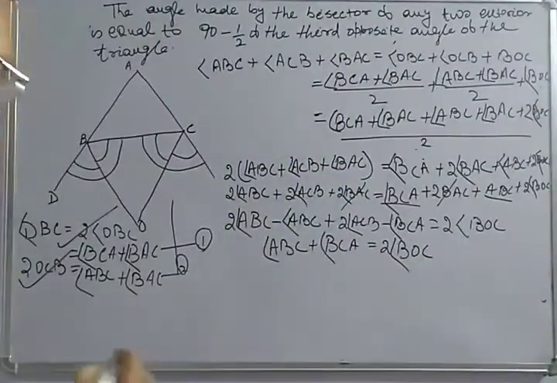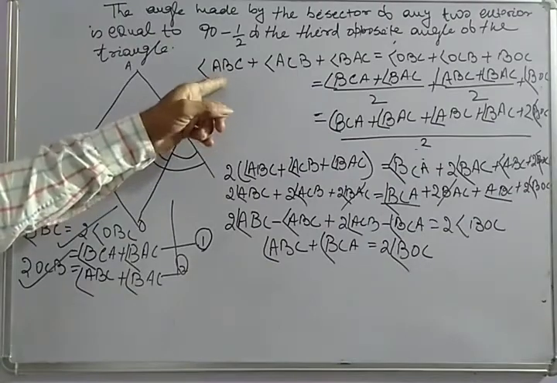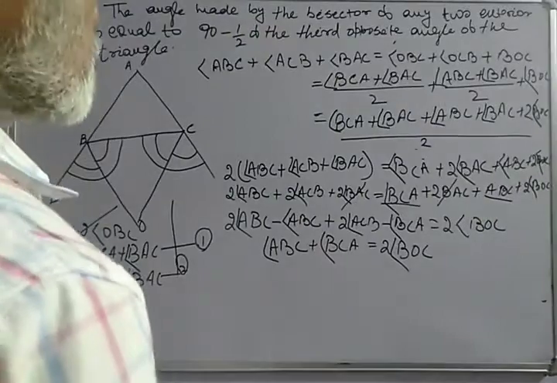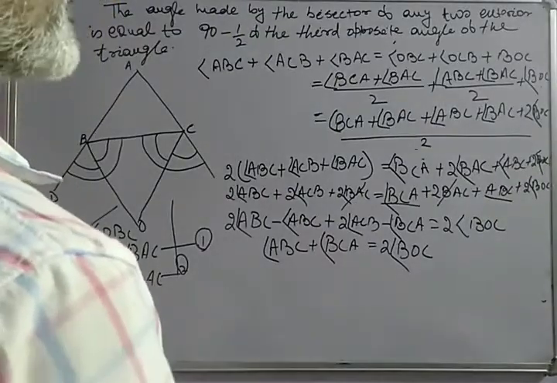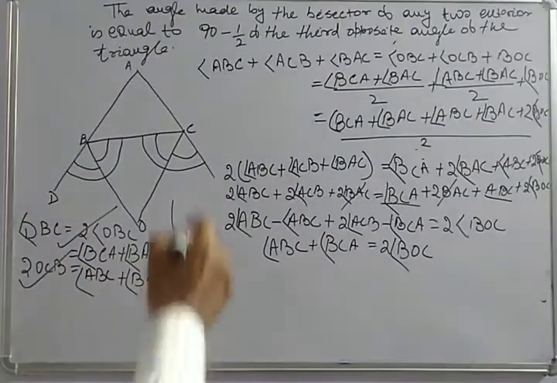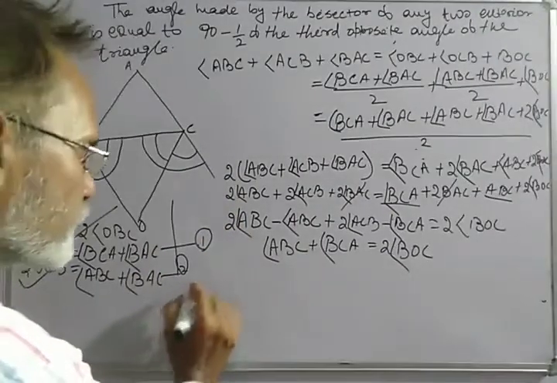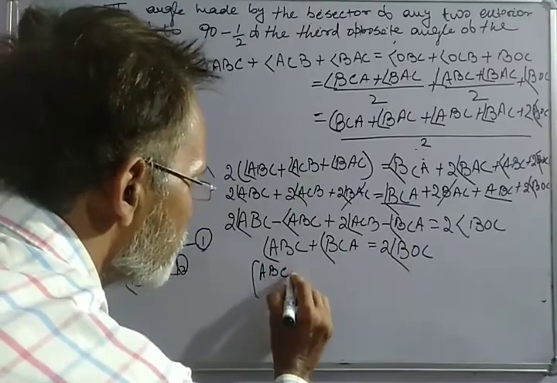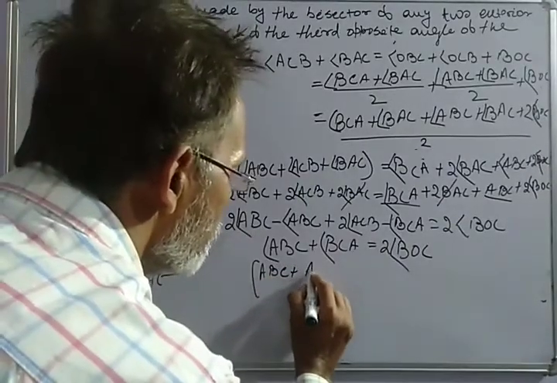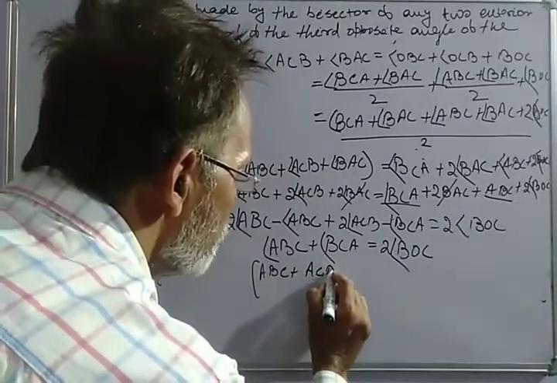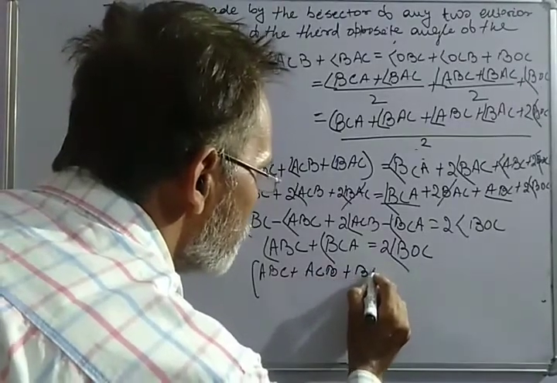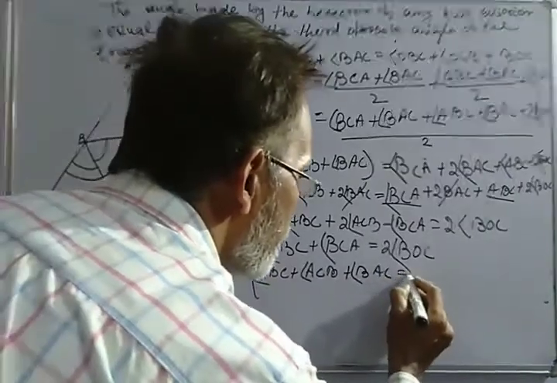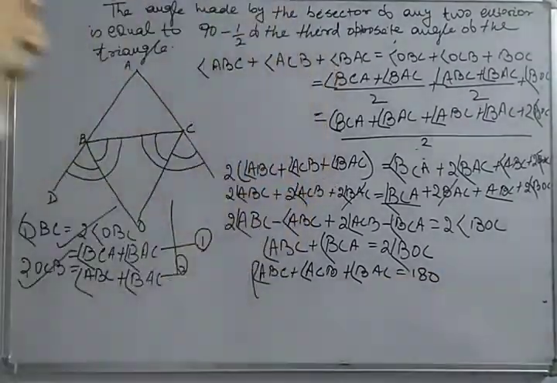So see here, we have another fact: ABC plus ACB plus BAC is equal to 180 degrees.